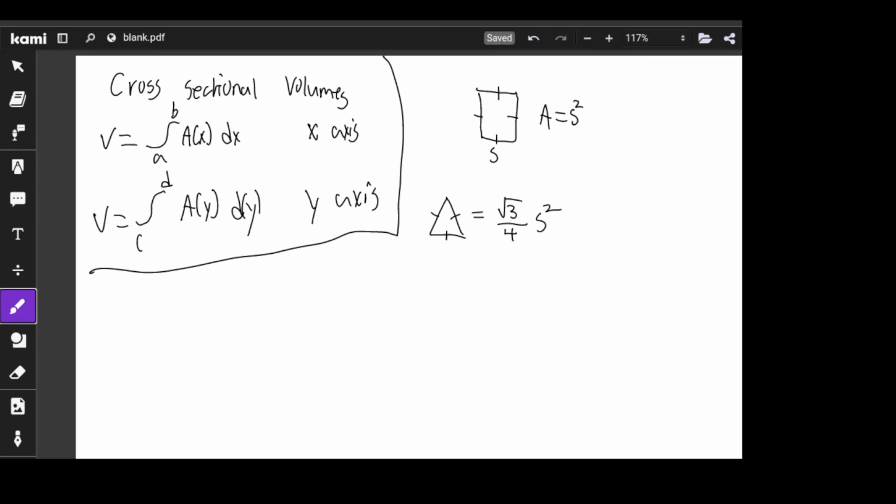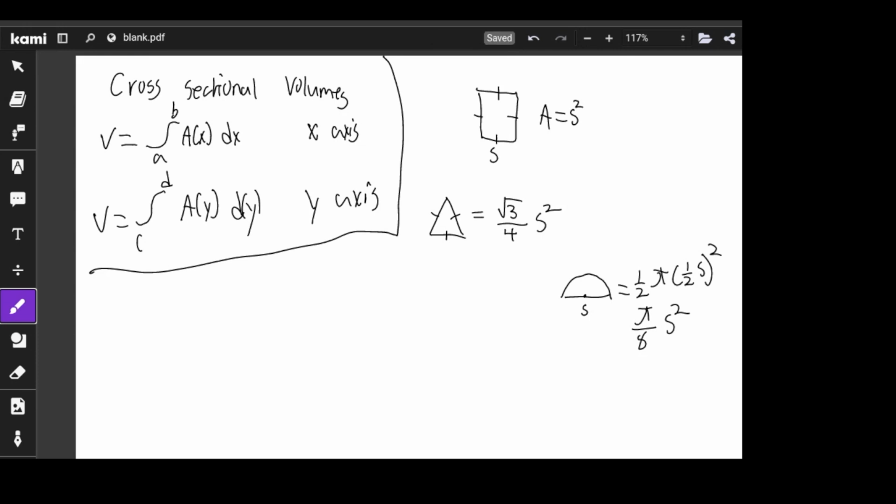Next, if we have a semicircle and we know that this is S, the area is going to be 1/2 pi times 1/2 S squared, or basically pi over 8 S squared.